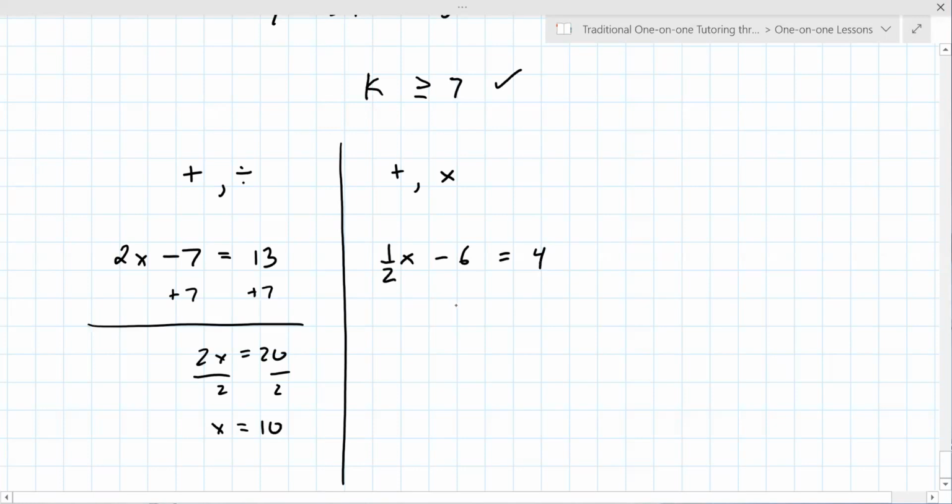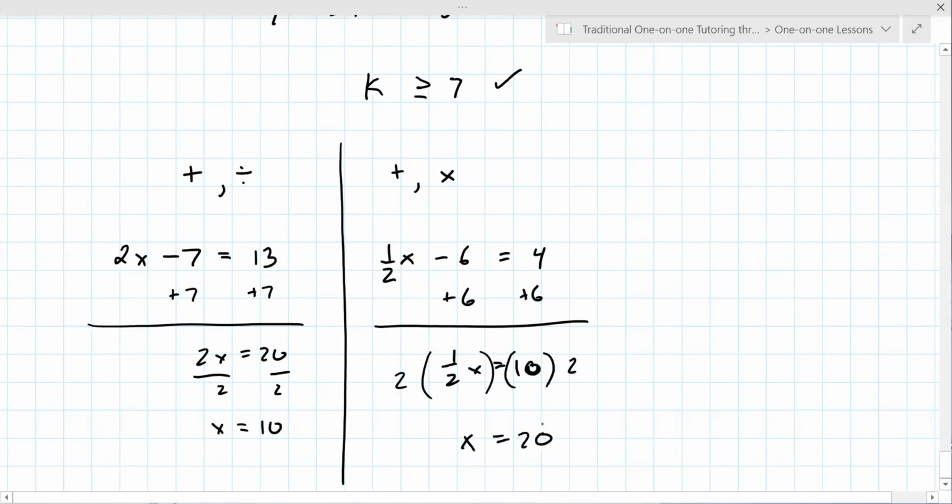Then you do addition on that because it's subtraction. Right. And you get 1/2 x equals 10. Why do you multiply? Because we originally started with division. It's because it's a fraction there. So you get x equals 20.